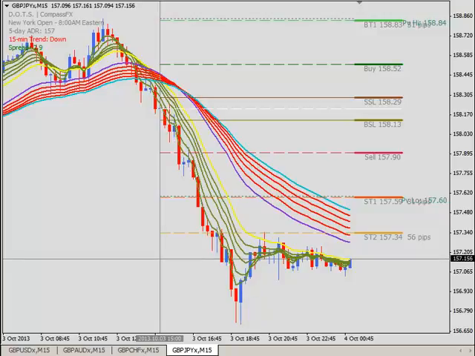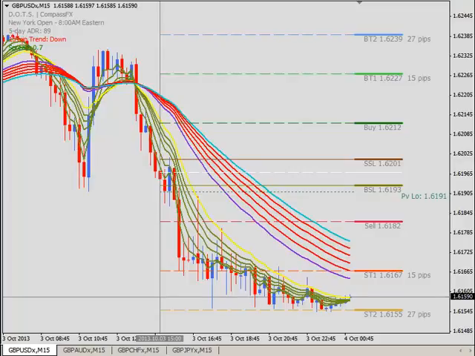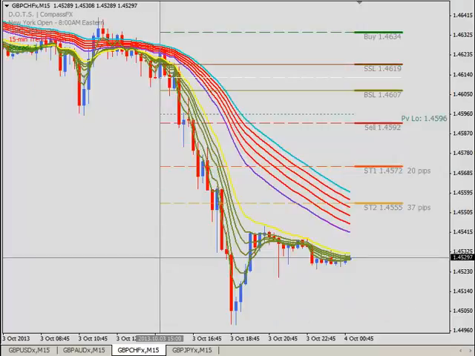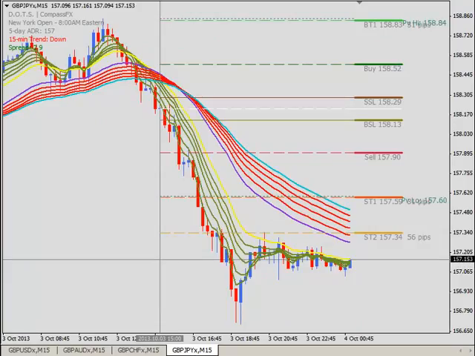What I'm driving at here is not so much the guppies as it is look at what the pound sterling in and of itself did, and how it affected all the currency pairs related to it. Again, the pound Aussie, the pound Swiss, and the pound yen.